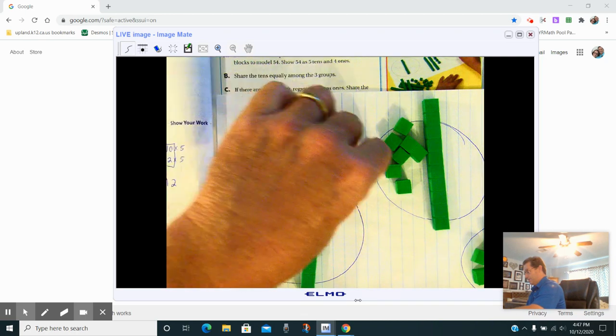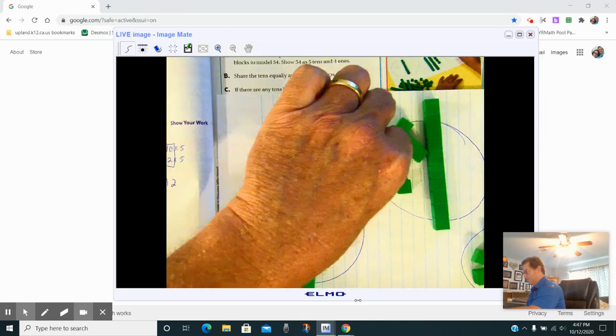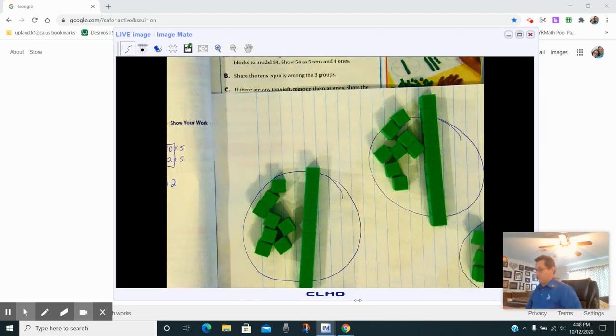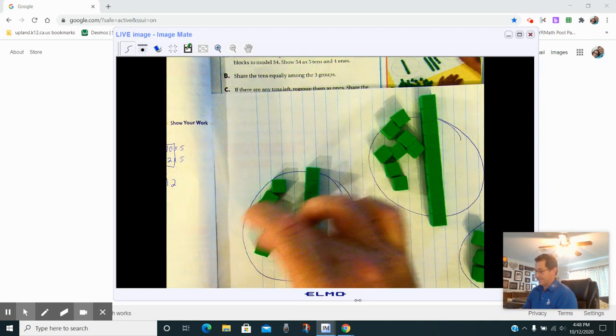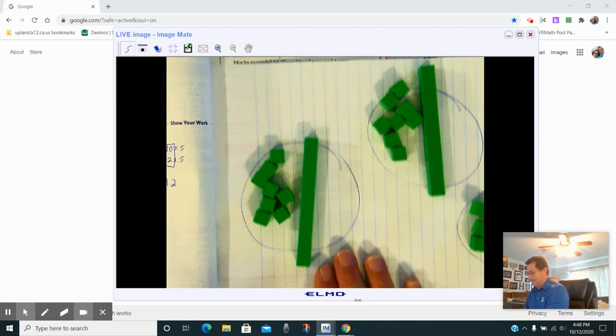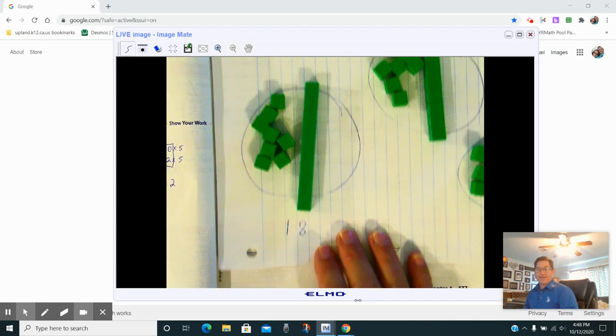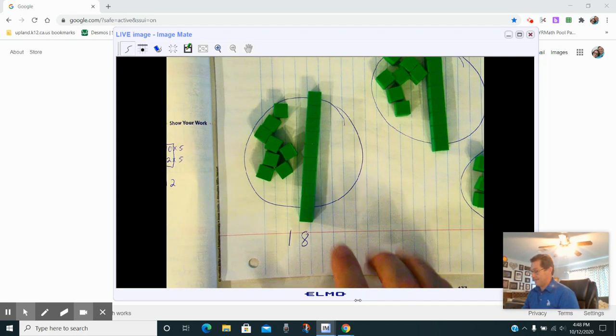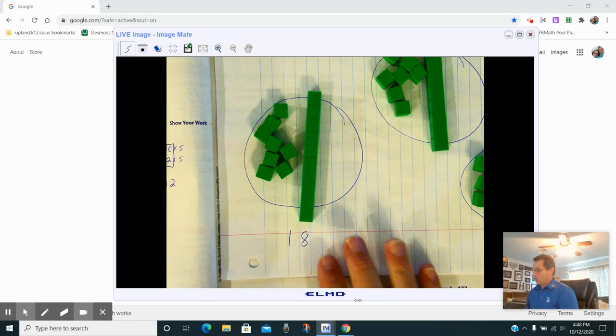Okay, and you see we have 3 left, so we can share them equally. So I have 18 in each group, right? 10 and 8 ones.